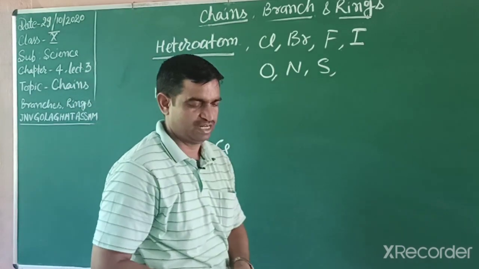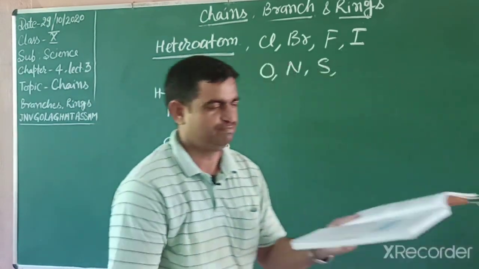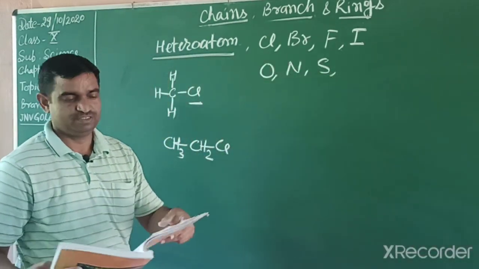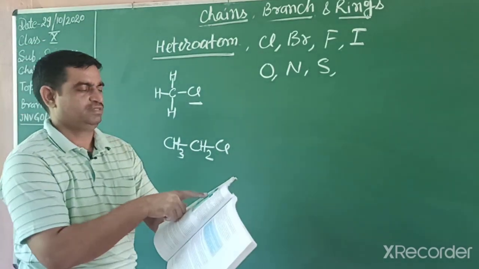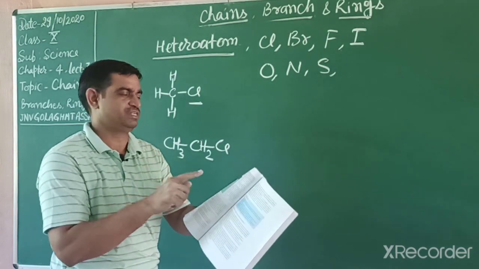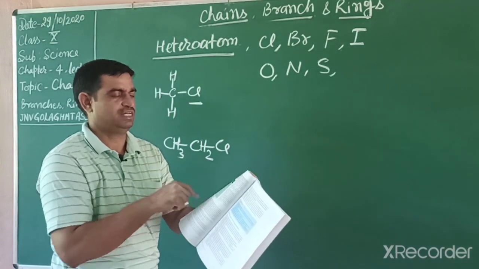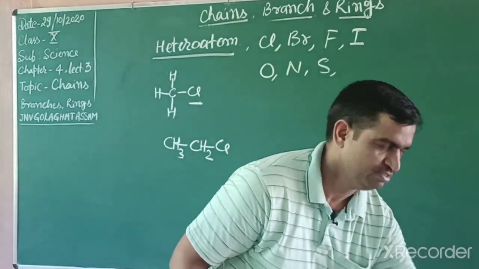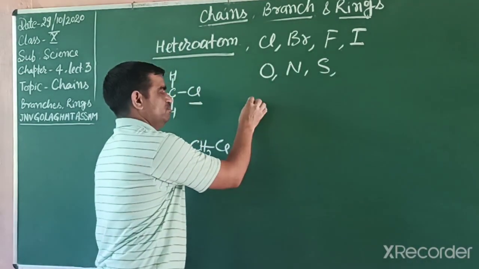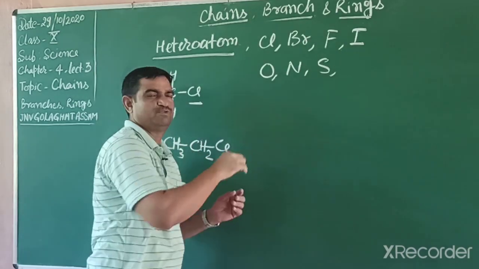In your NCERT book, students, at page number 66, some heteroatoms are given: chlorine and bromine, and the other one is oxygen. If we add oxygen, then oxygen decides the property.